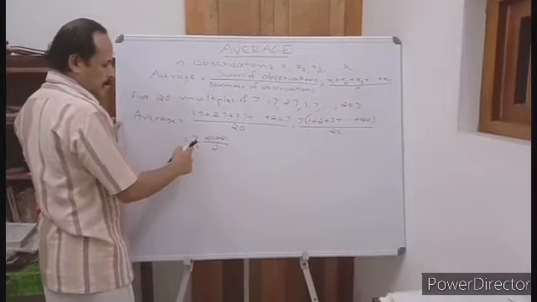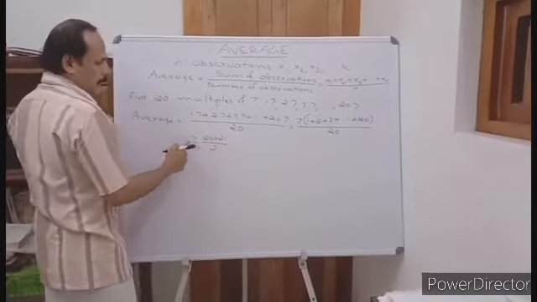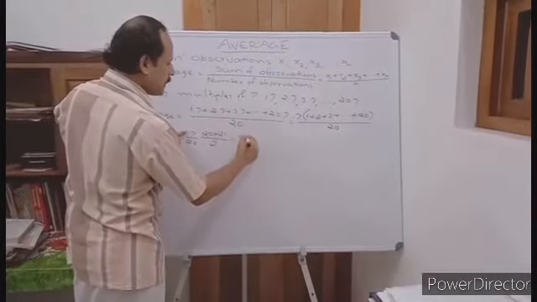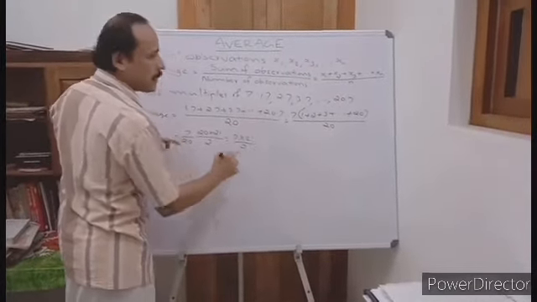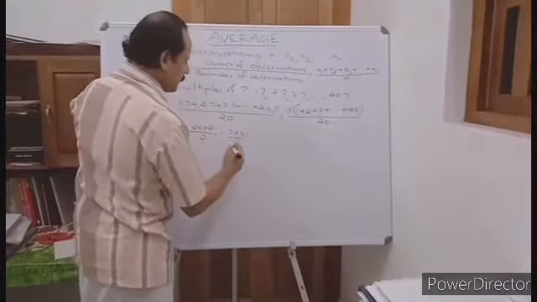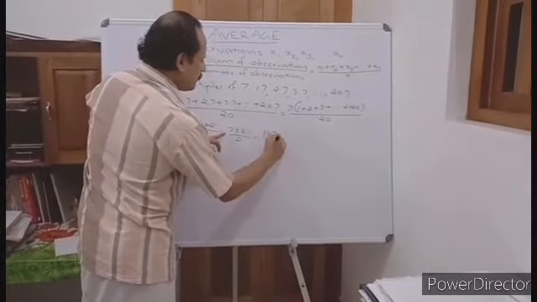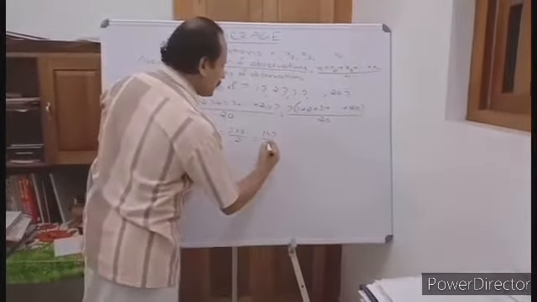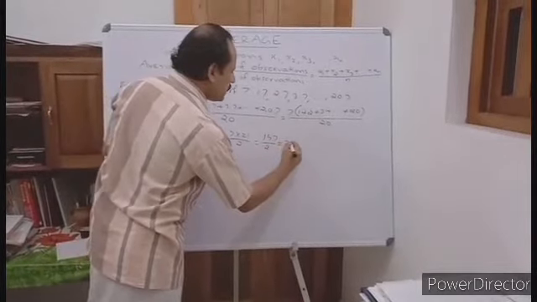Here cancel 20 and 20, and then it is 7 into 21 by 2, and that is 147 by 2.